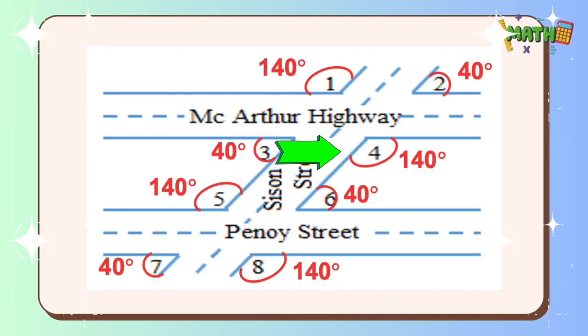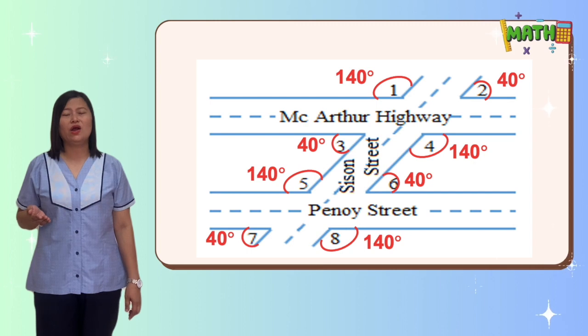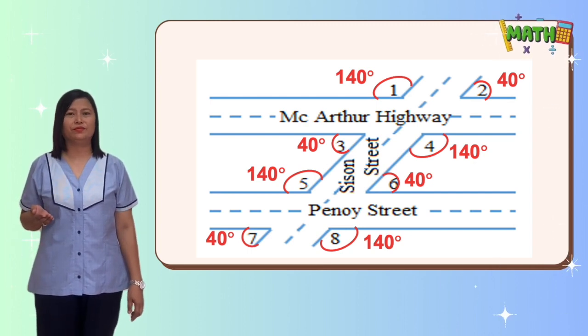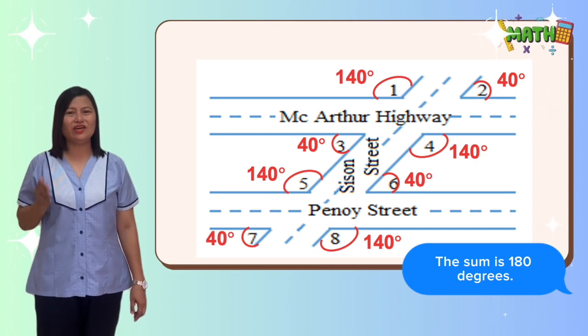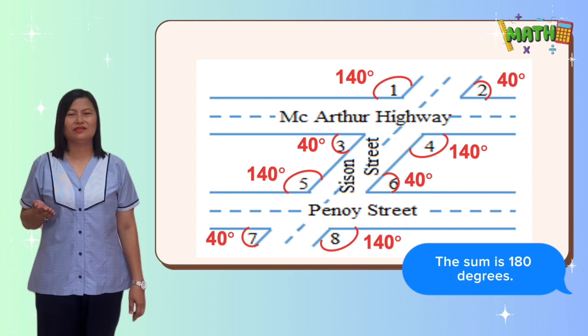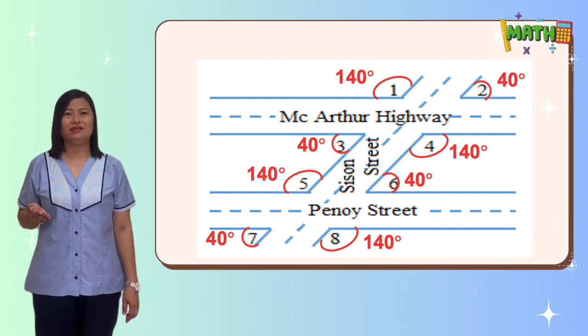Now, the measure of angle 4 is 140 degrees and the measure of angle 6 is 40 degrees. What can you say about the sum of their measures? You got it. It is 180 degrees. And the two angles are supplementary.